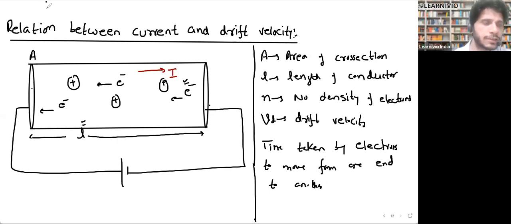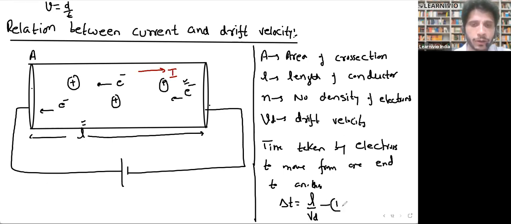See, speed is distance upon time, so time we can write as distance divided by speed. It's distance, which is L, divided by speed, which is drift velocity. So that's the time taken by the electron to move from one end to another. That's equation 1. I'm simply using speed is distance upon time, nothing else.